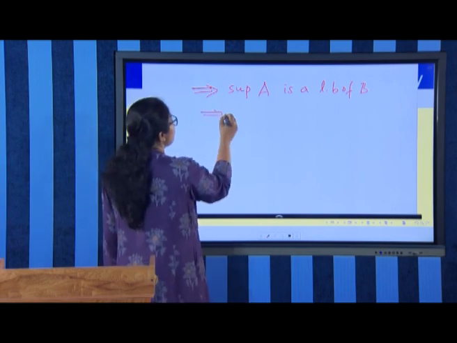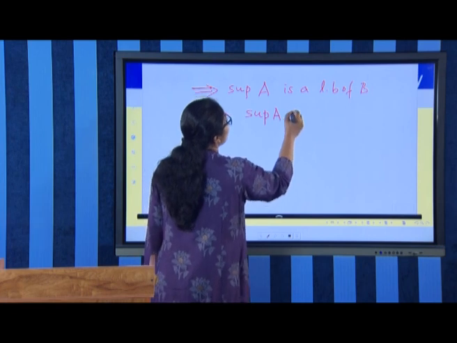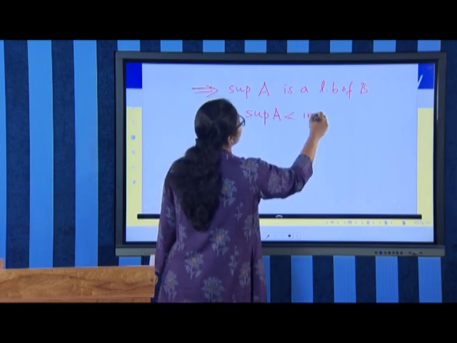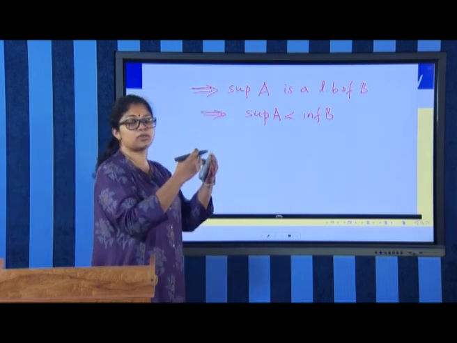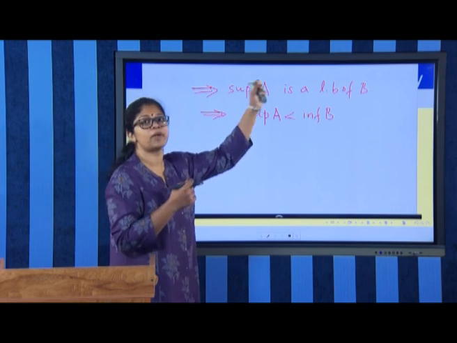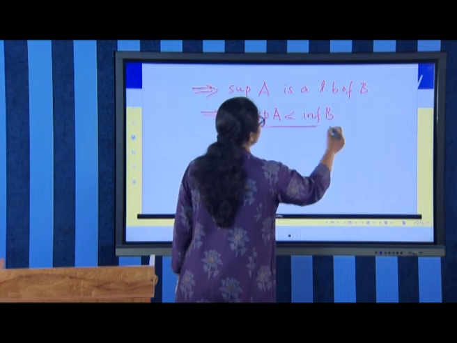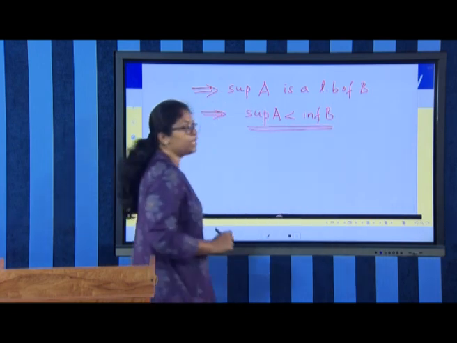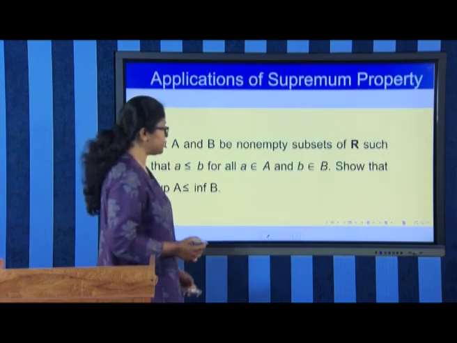So this indicates that supremum of A is less than or equal to infimum of B. Why? Because infimum is the greatest of all the lower bounds, and we have now proved that supremum of A is one of the lower bounds of the set B, and thus we have proved that supremum of A is less than or equal to infimum of B. So, that is that result.